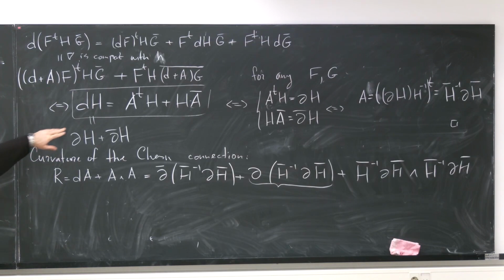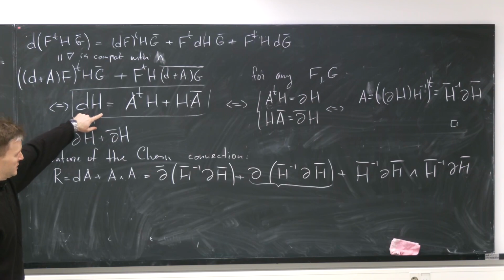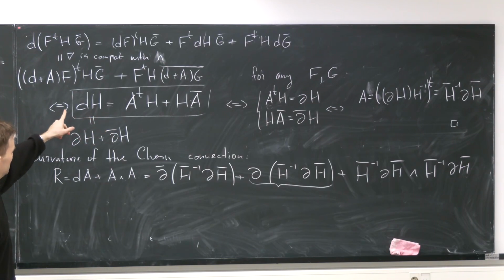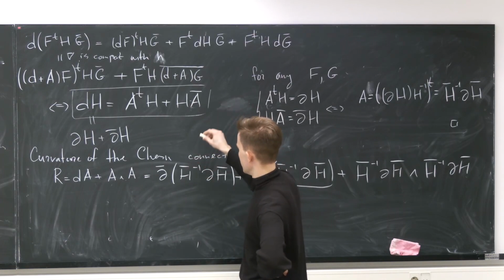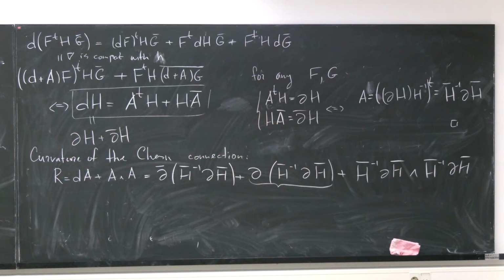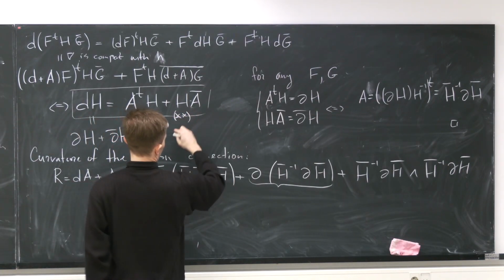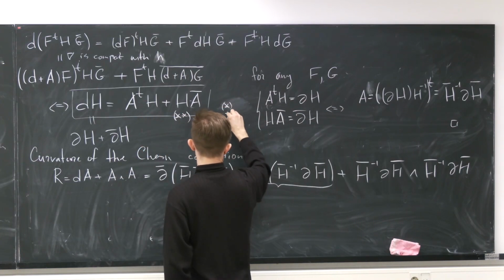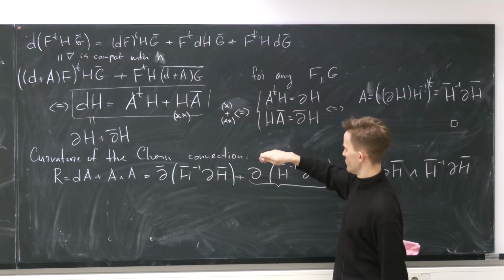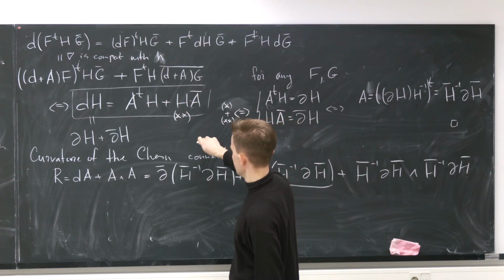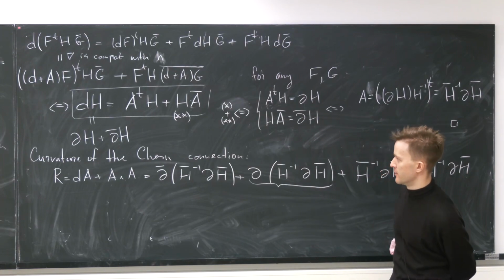I missed something. Okay, so I used both conditions when... Okay, so probably it's not to write this. So let's call this condition star, and this condition double star. So then I claim that these two conditions are both equivalent to this pair of conditions.